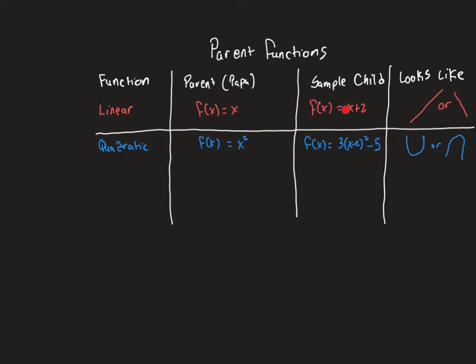So if the number beside the x is positive, it goes up like that. If the number beside the x is negative, it would go down like this. Same thing here. If the number beside your x is positive, then it looks like this. If it's negative, it looks like that.